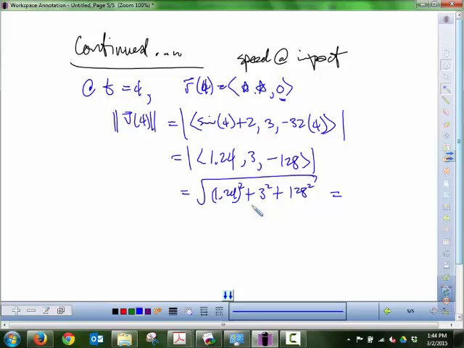And the answer is? Say it again? So 128.04 feet per second is the speed. Okay?